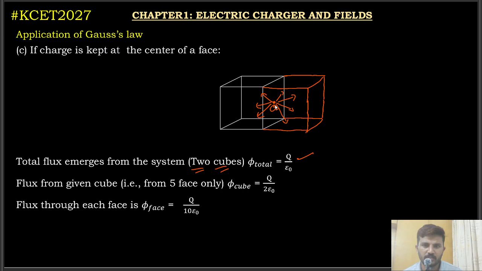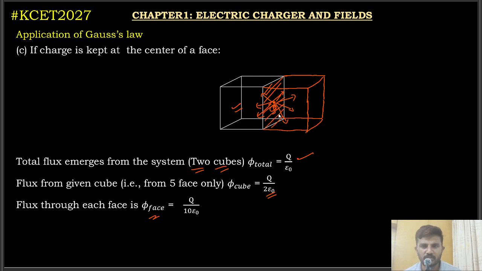Actually here I have written small q, you can write capital Q because in the formula we have capital Q. But what is the flux through the given cube? That is q by 2 epsilon naught, because the flux is getting divided into two parts. And what about the flux through each face? You just have to divide it by 5 because you have to neglect one face. This face you cannot consider here.